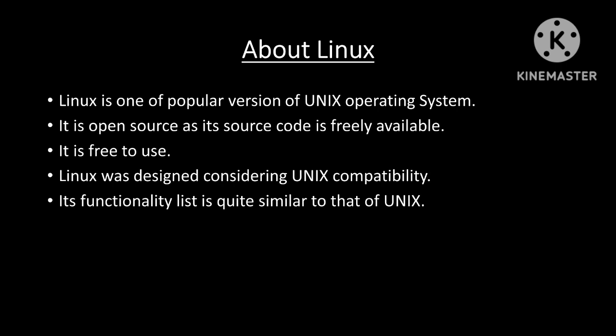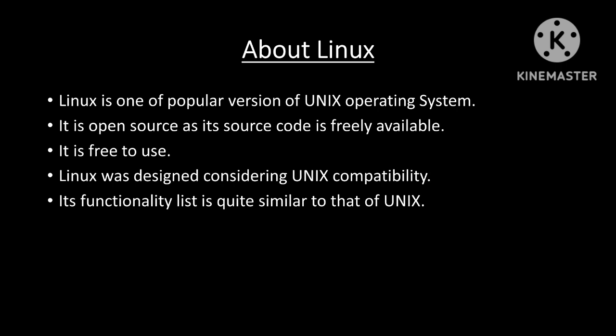So first we start with about Linux. Linux is one of the popular versions of the Unix operating system. Earlier Linux was known as the Unix operating system. Later on it was renamed as Linux. It is open source as its source code is freely available.